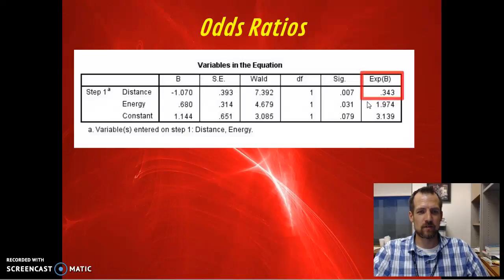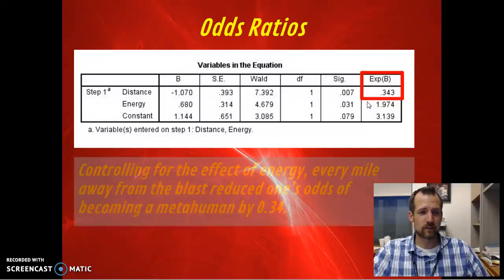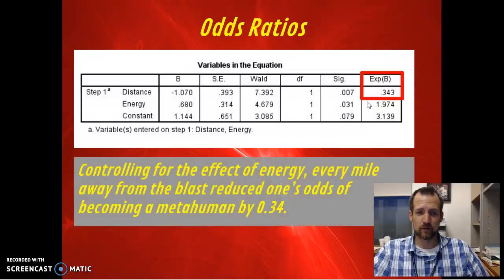The values here on the right are the odds associated with each predictor. So based on this, what you could say is, controlling for the effective energy, and remember, whenever we do multiple regression, we're always controlling for other variables in the model, every mile away from the blast reduced one's odds of becoming a metahuman by 0.34.